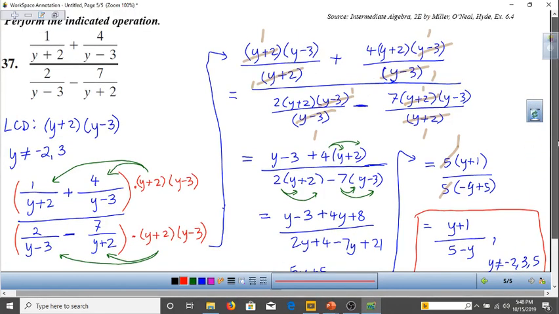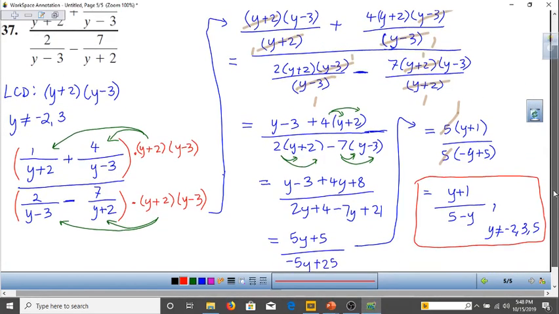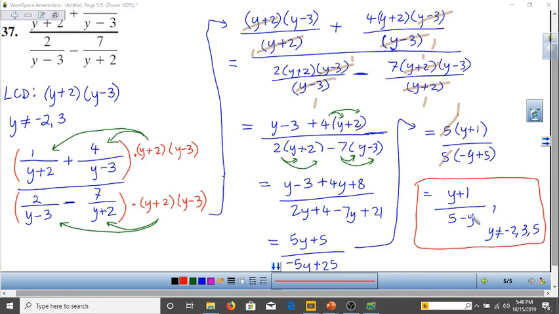One way you can check if you have a correct result is to just plug in a number a couple of times to see if you get the right answer. For example, if we plug in 0, we should get 1 over 5.